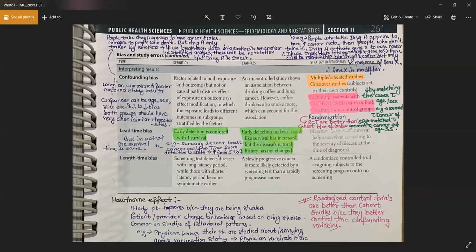And what we have found is that the patients who are eating chocolates have a very high incidence of esophageal cancer, let's say, and the individuals who were not eating chocolates have a very low incidence. So now the study is looking like this chocolate is responsible for the esophageal cancer.